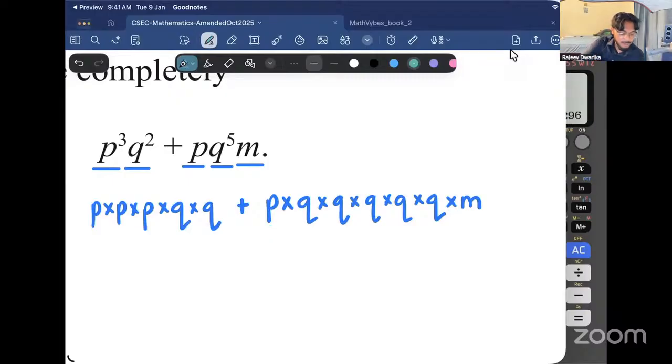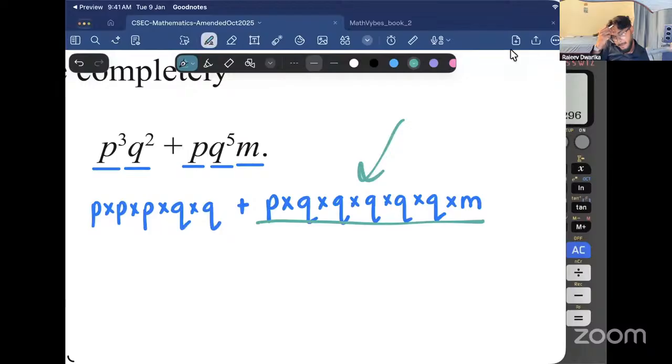How many P's over here? 3. And over here? 1. Do both of them have 3 P's in common? No, sir. Do they have 2 P's in common? No, sir. How many P's do they have in common?